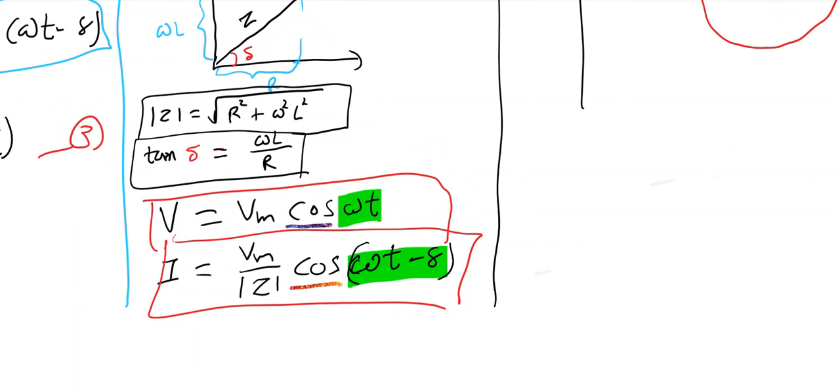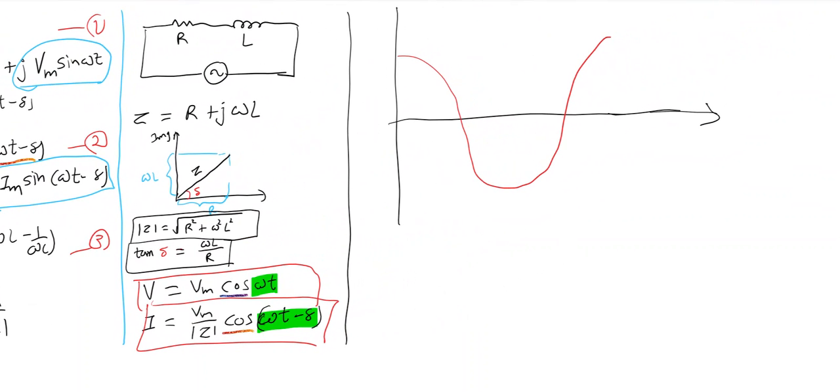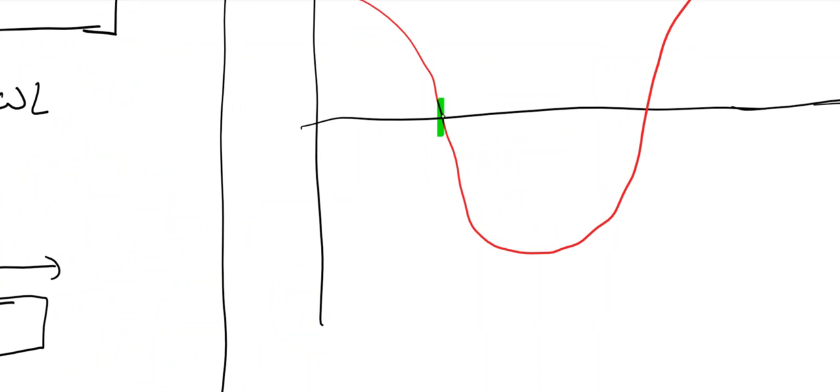So what does it mean? If voltage is 0 at this time, current will be 0 after some time because the phase of current is less, maybe somewhere here. If voltage is again 0 at this time, current should reach 0 after some time, and that is true with the peak value also.